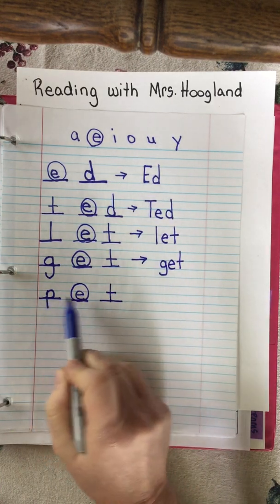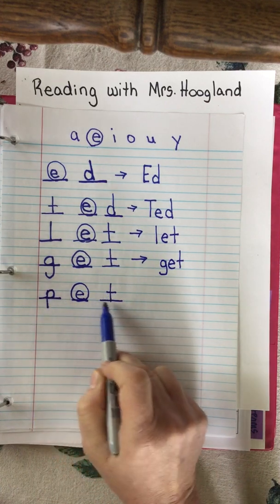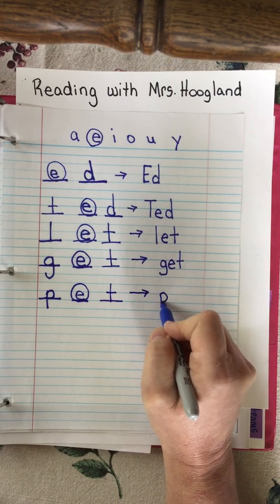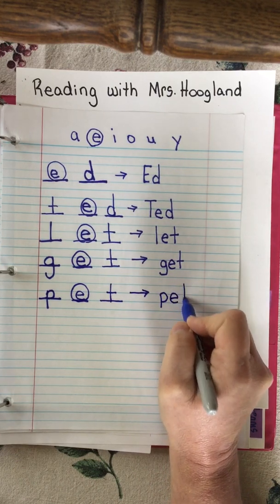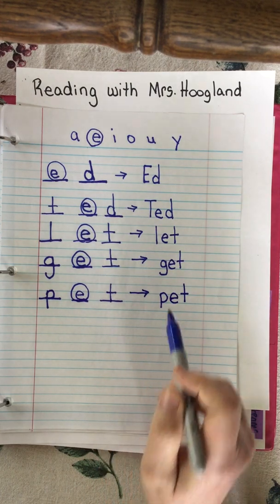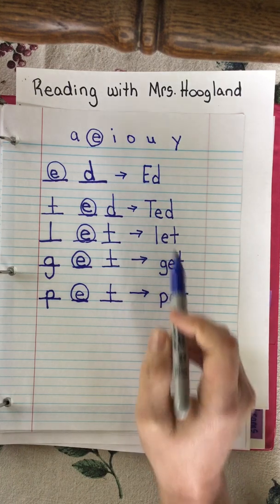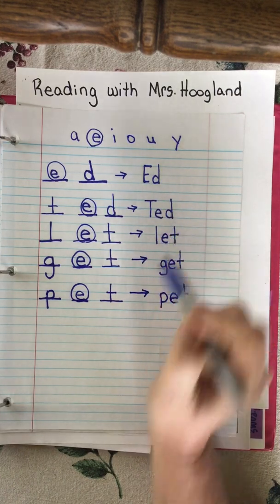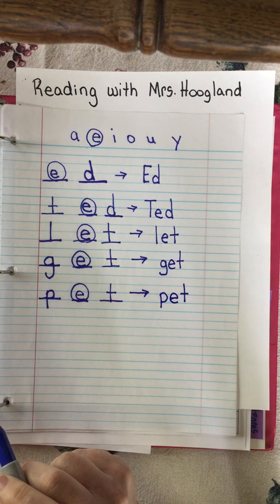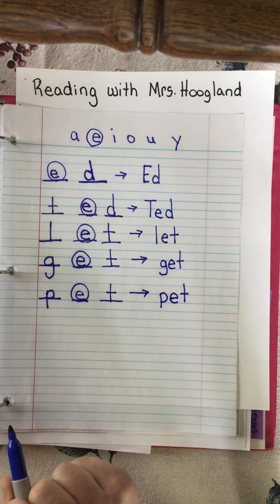P, pe, pet. I have a feeling this story is going to be about someone being able to get a pet. And I bet either Ed or Ted let somebody get a pet. We'll have to see.